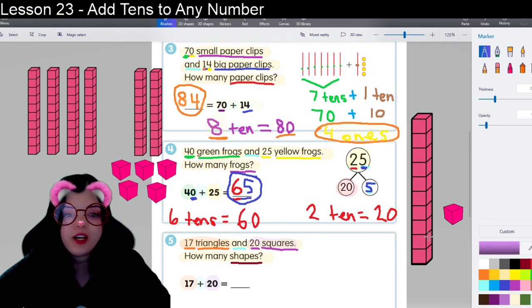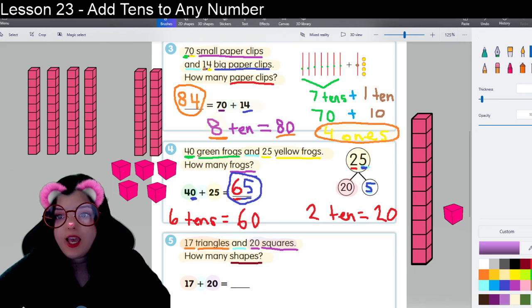Now we need to find our whole number. Let's start by finding our tens. How many tens in the number 17? We have one group of 10. You know by looking at your tens place that there's the number 1.